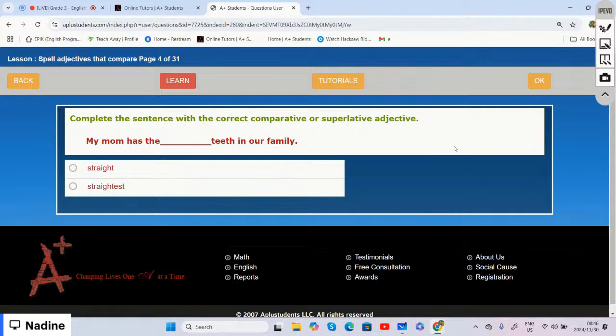So straight teeth or straightest teeth. We are comparing it to the whole family.